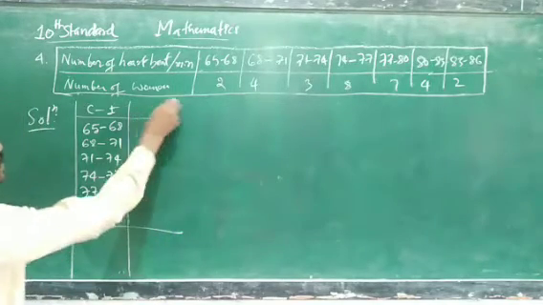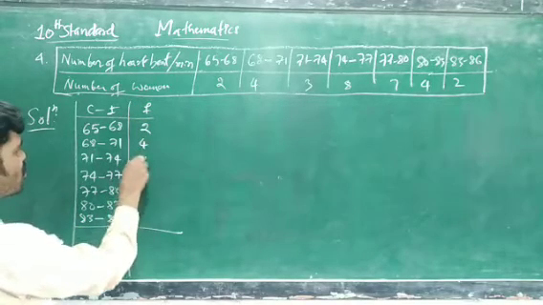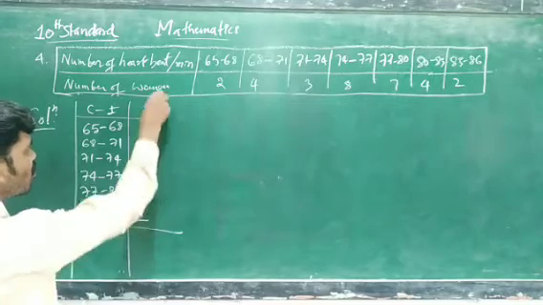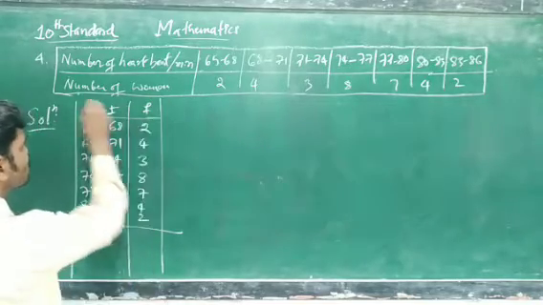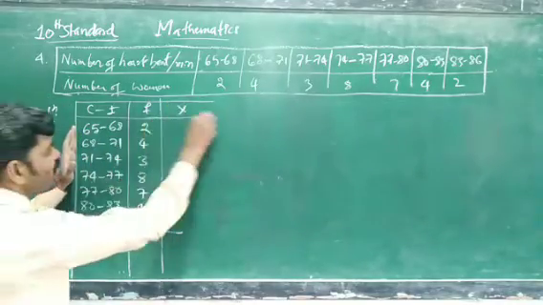The frequencies are 2, 4, 3, 8, 7, 4, 2. So that's it. Now you have to find out the value of x.